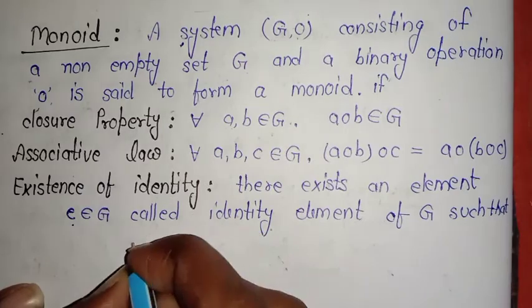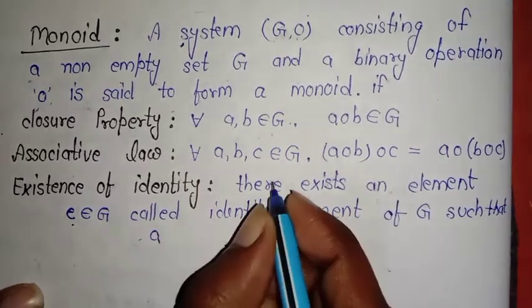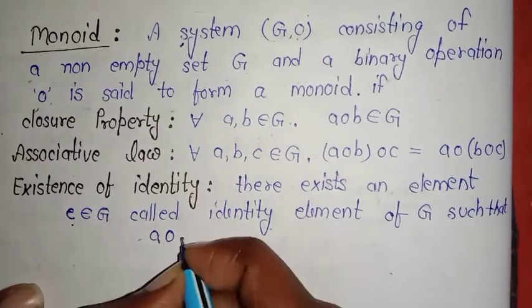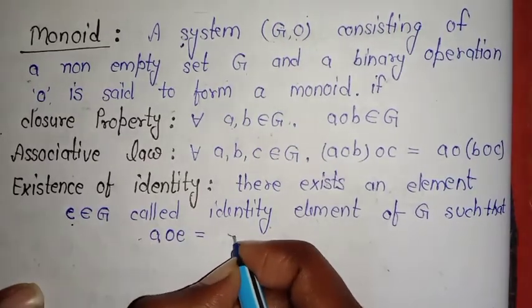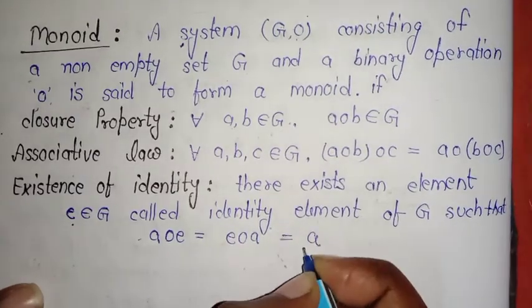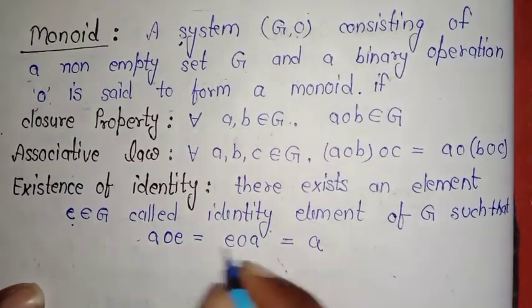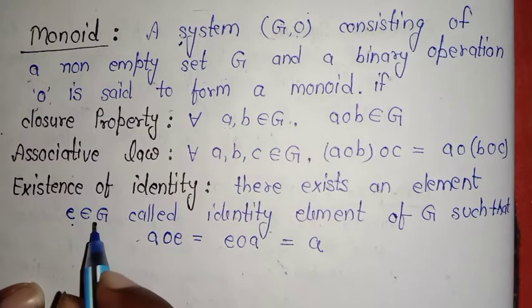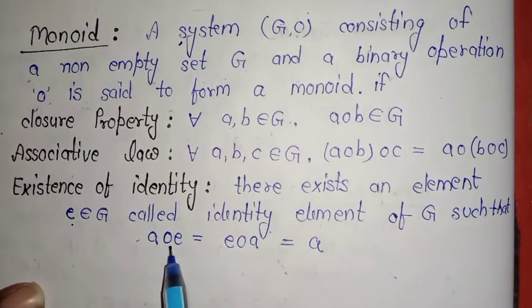That is, if we take a and apply the operation O with the identity, then a O e will be equal to e O a, and that will always give the same element, our a. So this is true for every element of this set. If you take any element of the set and apply it with the binary operation O with e, you will again get the same element.